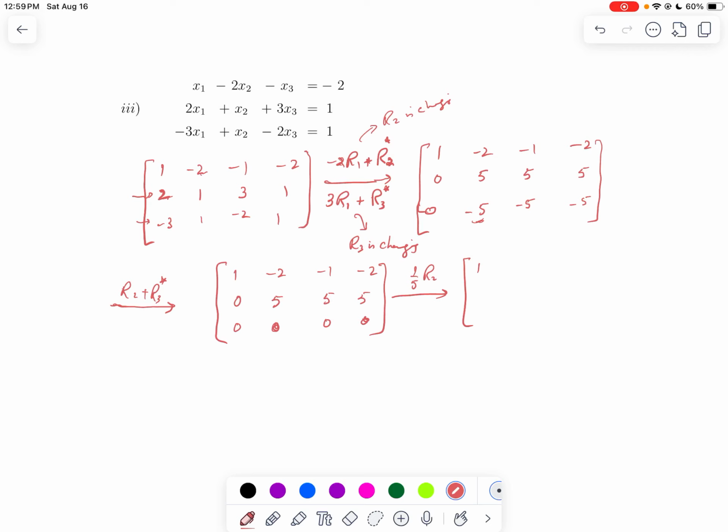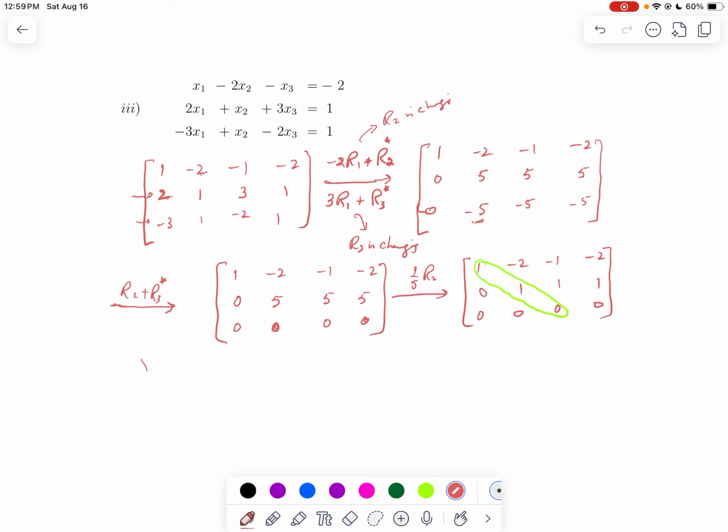The first row remains the same. Second becomes 0, 1, 1, 1. The last row is 0, 0, 0, 0. So remember, our diagonal was here, and everything below the diagonal is 0. Okay, now let's write the equations.